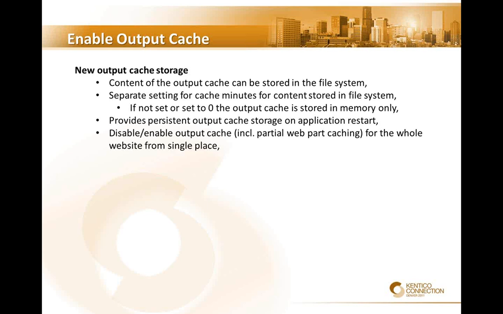So even if an application restart occurs, if the system finds out that there isn't content in memory, it will try to retrieve it from the file system. So you are basically getting rid of that issue related to the first content load after the application restart that you had to face with the in-memory output cache storage.